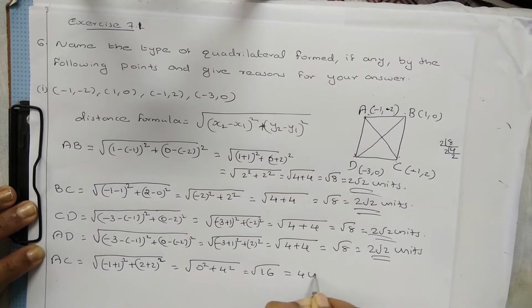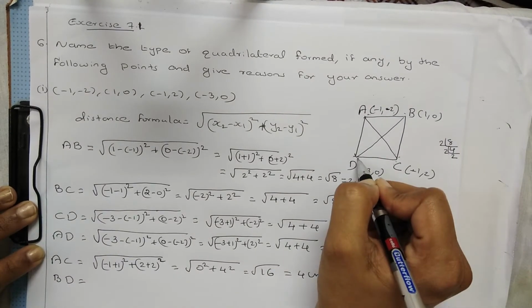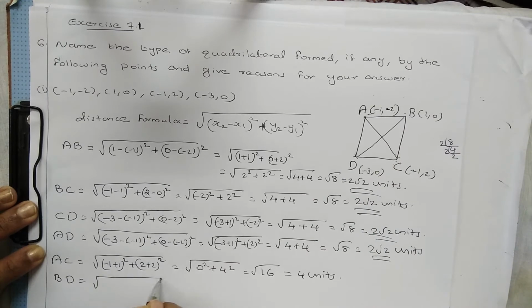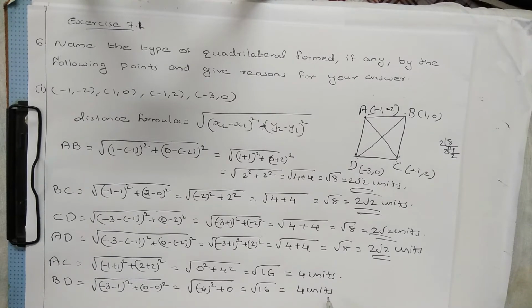It is 4 units. Now BD. B will be x1, y1 and D will be x2, y2. So root of (x2 minus x1) the whole square, (-3 minus 1) the whole square plus (0 minus 0) the whole square, that is equal to root of (-4) square plus 0, that is again root 16, equal to 4 units.